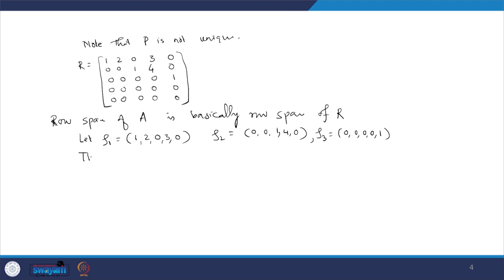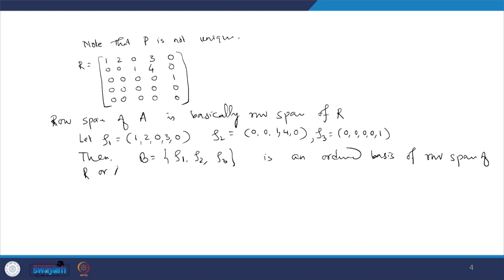then B equal to row 1, row 2, row 3 is an ordered basis of the row space of R or A. This is the answer to the second question.